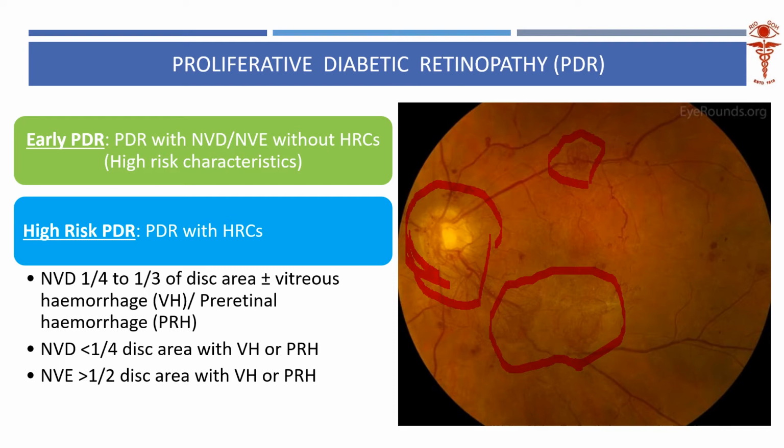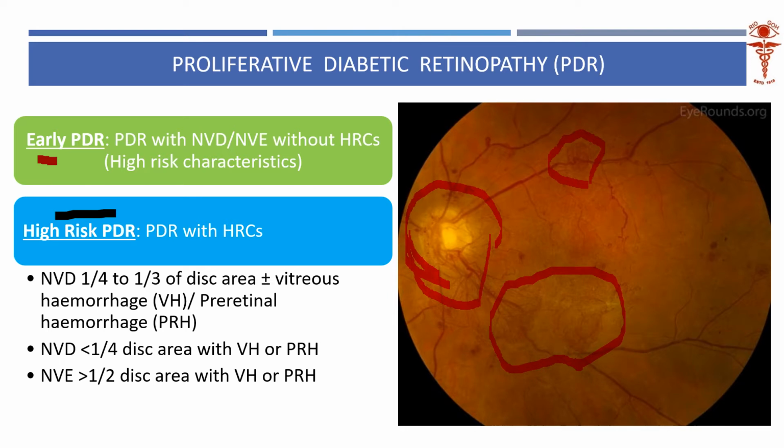Proliferative diabetic retinopathy usually is classified as early PDR and high risk PDR, but that is basically academic. If you see a PDR, it is that much serious. There is no need to think of whether it's high risk PDR or what.